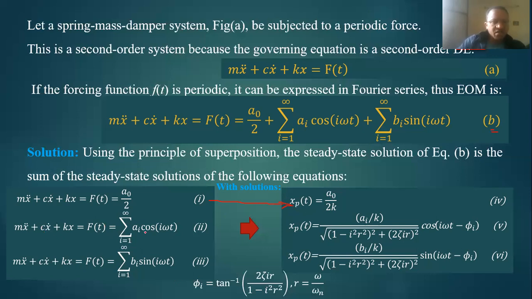Again, for the cosine term, we assume a cosine solution for the forcing function with cosine, a similar cosine term, and that is the particular solution for this term. Again, the sine component of this equation also has a solution here.